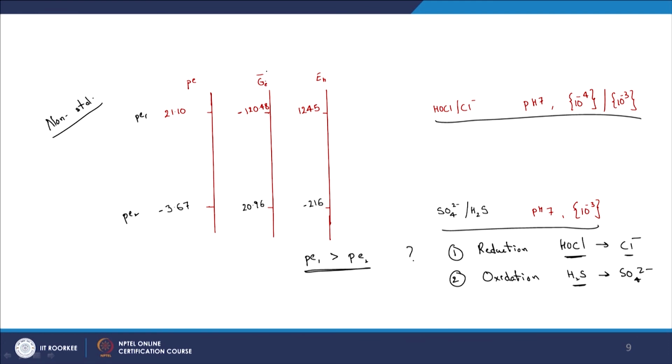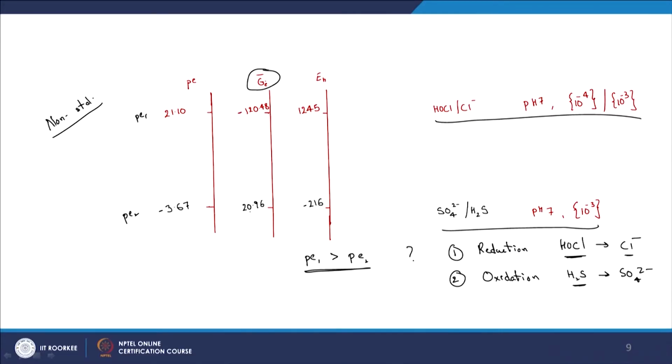But let us try to understand the system with respect to the molar Gibbs energy of the electron. Here again you see that the electron in equilibrium with the redox couple SO4 2 minus and H2S is at a higher energy state, while the electron in equilibrium with HOCl and Cl minus is at a lower energy state. So the electron would want to transfer from this couple to the other.